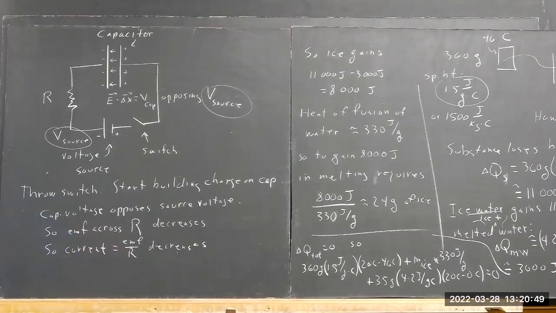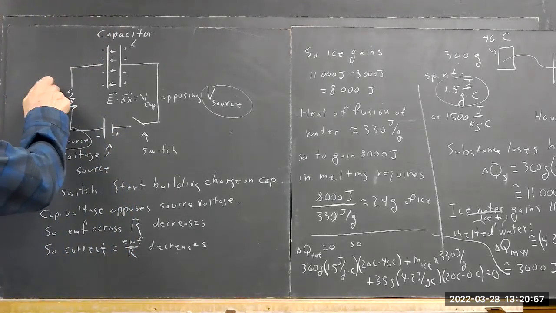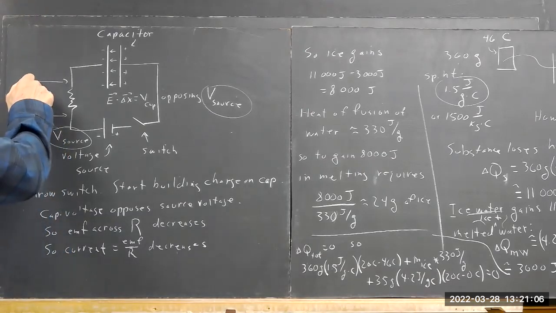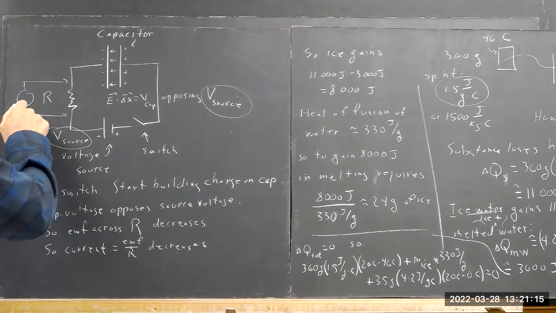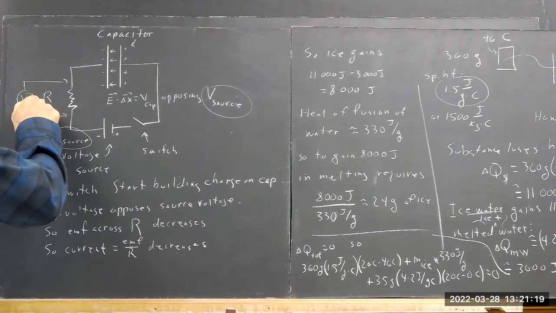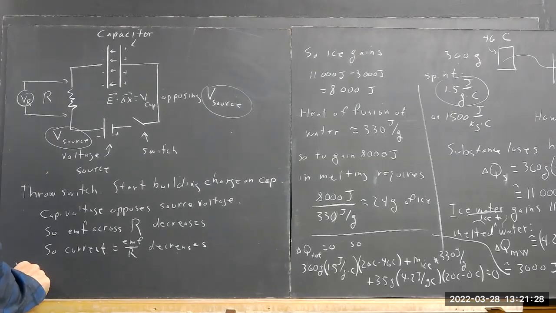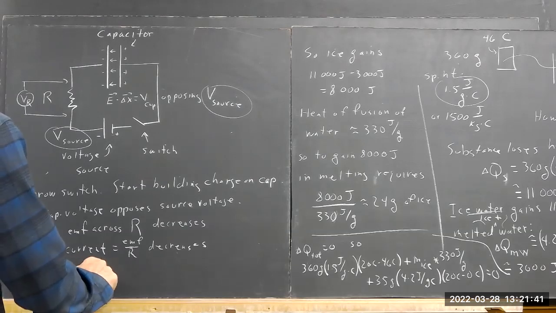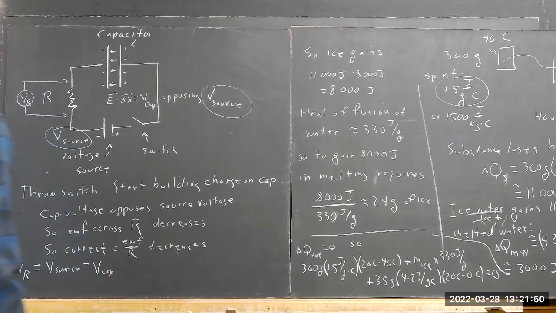So the current, which is your EMF divided by R, well, between here and here, your voltage V sub R, the voltage across the resistor, is the voltage of the source minus the voltage of the capacitor.